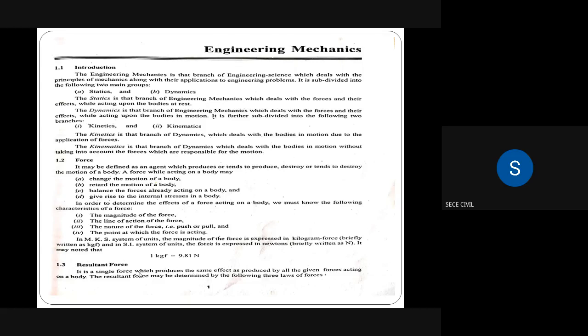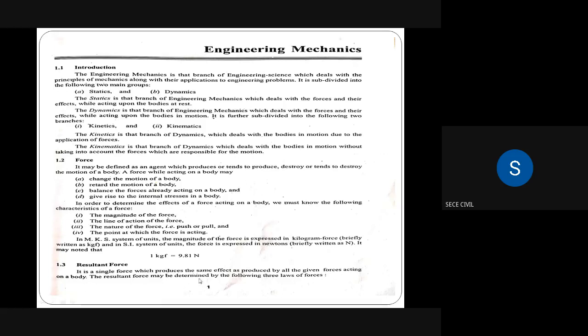Because of a number of forces acting in a system, there will be one common resultant force. The resultant force is a single force which produces the same effect as produced by all the given forces acting on a body.